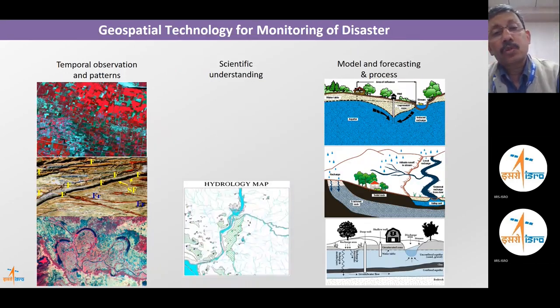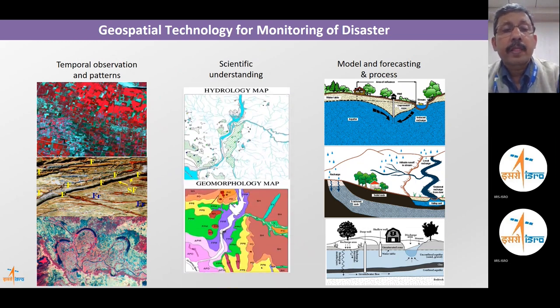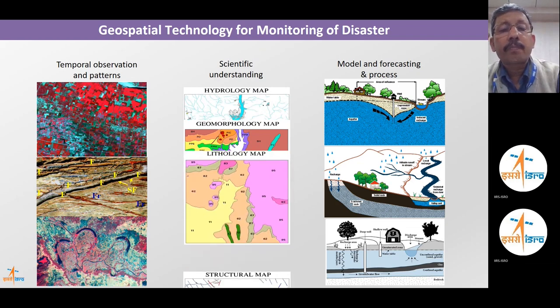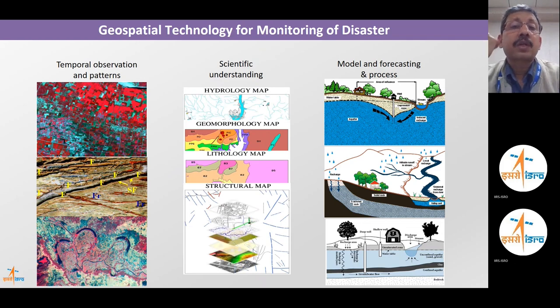So, when we talk about geospatial technology for monitoring disasters, what does it provide us? Satellite data provides us temporal observation and the patterns on the surface of the Earth, which provide us the scientific understanding in the form of various maps, like hydrological maps, geomorphological maps, lithological maps, structural maps, land use, land cover maps. There are a number of scientific translations of the temporal observation and patterns observed by the satellite data.